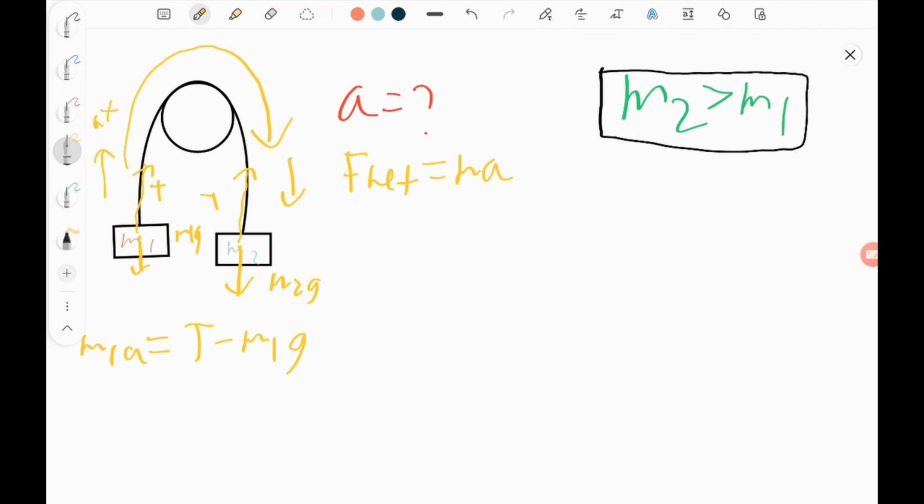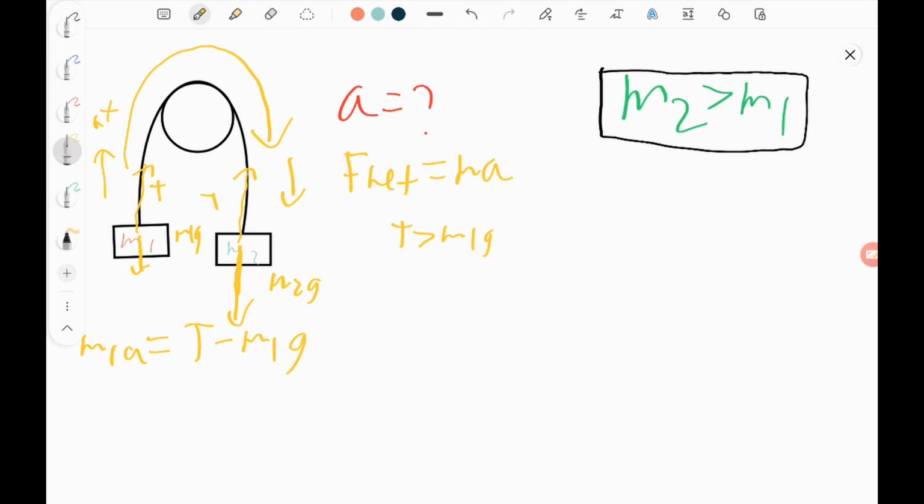Now, how is it that block 2 accelerates downward, but block 1 accelerates up despite the tensions being the same? Well, if we look at block 1, T has to be greater than M1G in order for block 1 to have upward acceleration. So T is greater than M1G, but the drawing is not very clear here, so let me draw it a little more clearly.